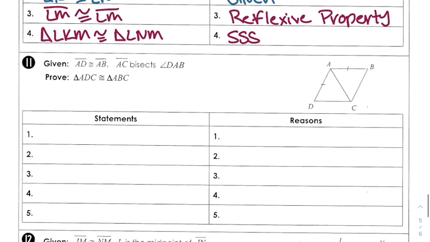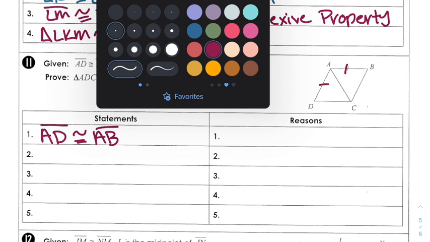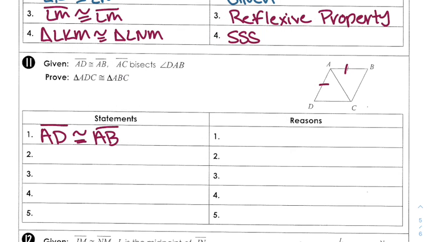Let's talk about number 11. So we're given that line AD is congruent to line AB. Okay, it's already marked for us on our graph, but I like to go mark it twice because I'm an overachiever. Not really. And then we're given that line AC bisects angle DAB.